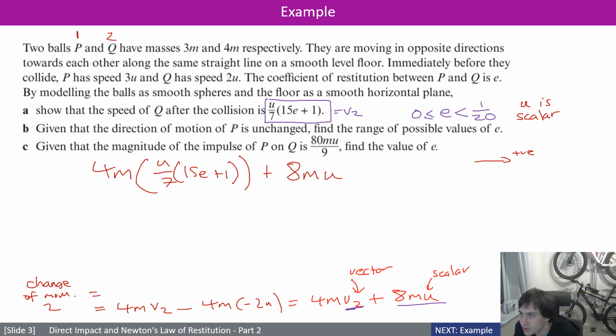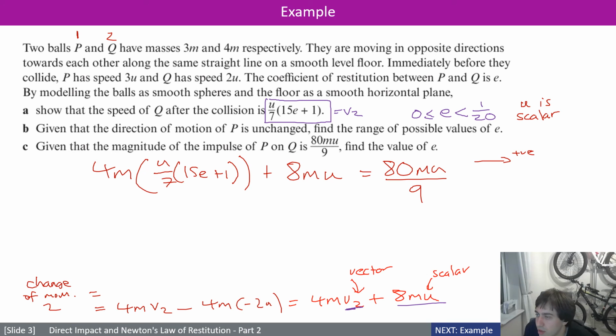So now that's our expression. What's it in terms of at the moment? M and u, which is what we want in the final answer. We've still got this e though. But we're told this is equal to 80mu over 9, right? So presumably the m's and the u's are now all going to cancel nicely eventually.